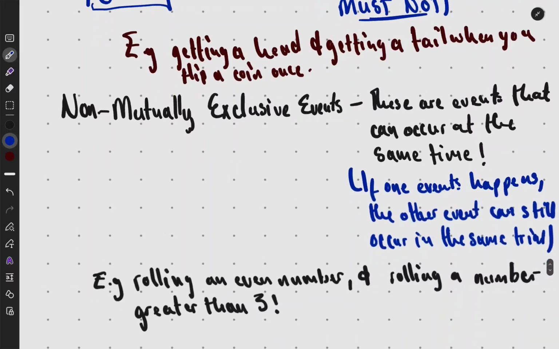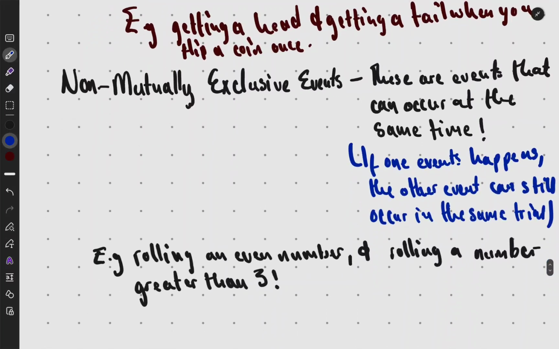Okay, now for non-mutually exclusive, these are events that can occur at the same time. If one event happens, then the other one can still happen. They can occur at the same time in the same trial. So, here's an example: rolling an even number and rolling a number greater than 3 on a dice. Can you both roll an even number and a number greater than 3 together on the same dice?